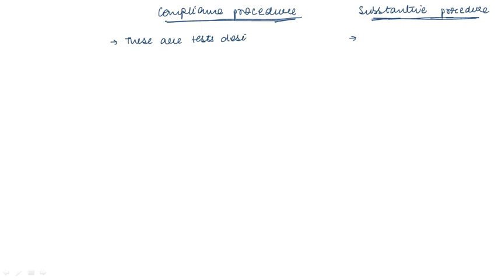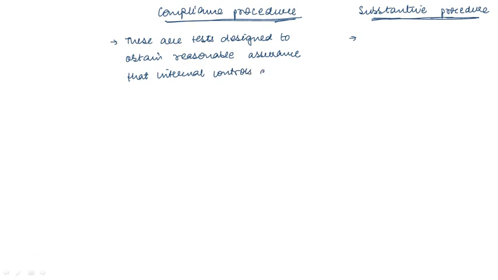So compliance procedures are tests designed to obtain reasonable assurance that internal controls are properly effective and can be relied upon. Understood?